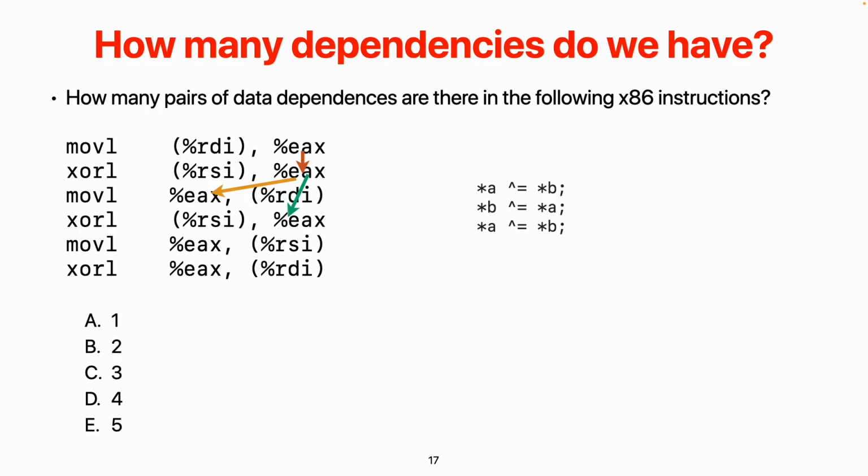How about the fifth instruction, the move instruction? Which register, which instruction does it want? It's the fourth instruction on EAX. Now, for the next exclusive ORL, what are we waiting for?